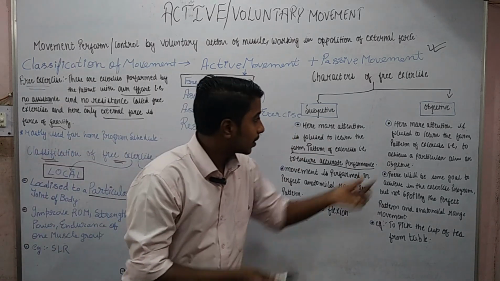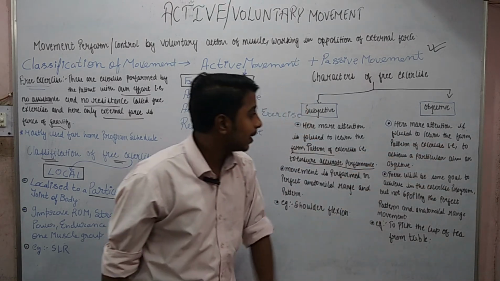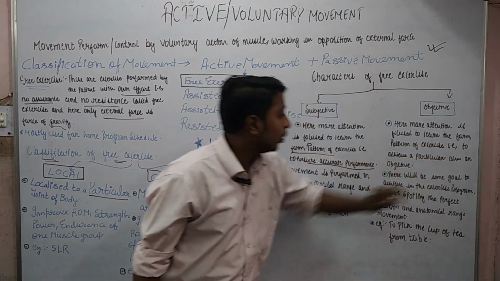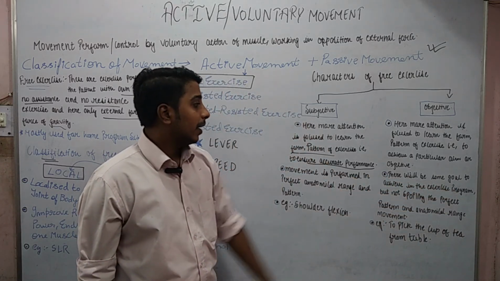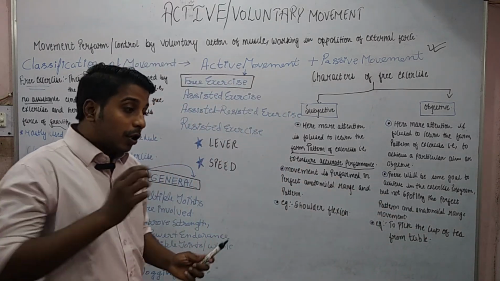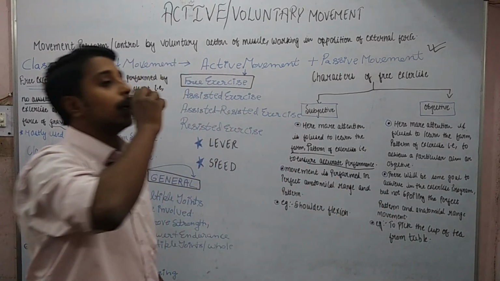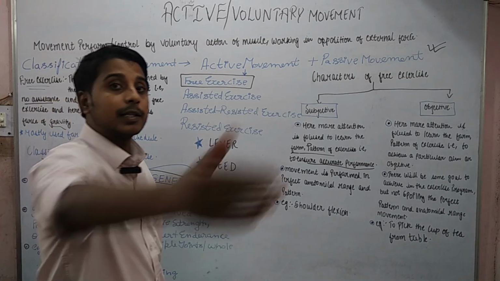Let me explain once again. Here more attention is focused to learn the form and pattern of exercise, that is to achieve a particular aim. Here there will be some goal to achieve in the exercise program, but not spoiling the perfect pattern. Though the goal is to hold the glass and drink water, it should not be done wrongly. The patient should not take his arm like this.